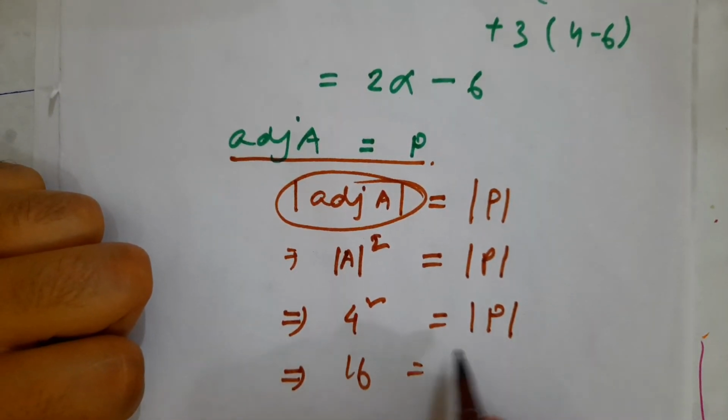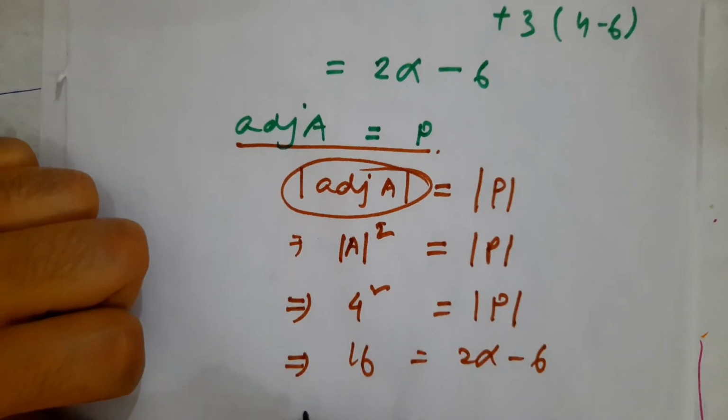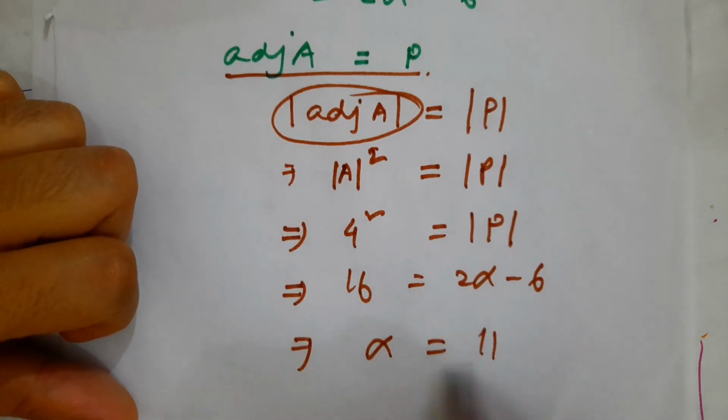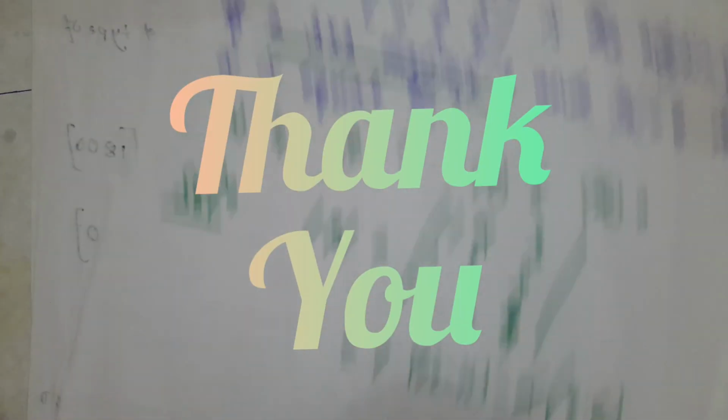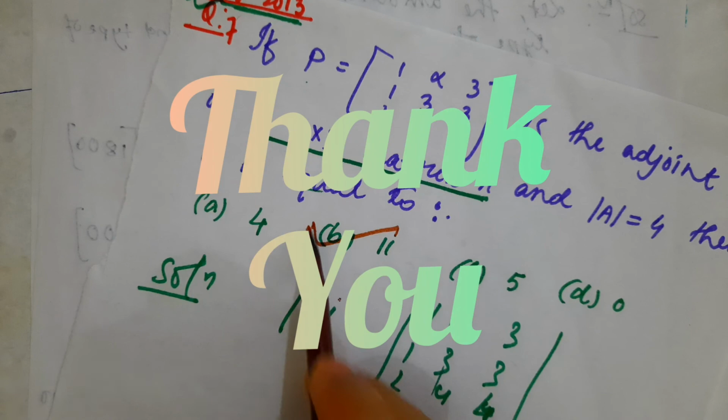Now 16 equals 2 alpha minus 6. From here alpha equals 11. So option B will be the correct answer.